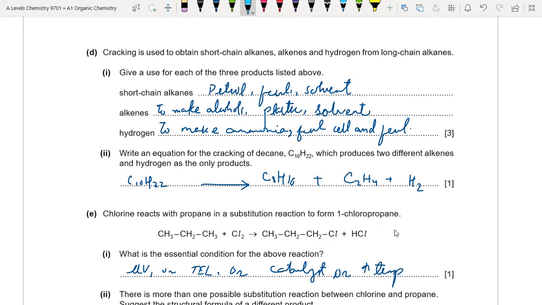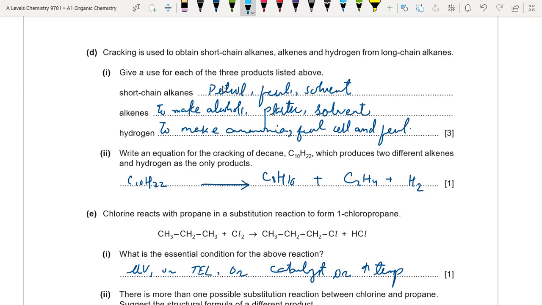Cracking is used to obtain short chain alkenes and hydrogen from long chain alkanes. Actually, details of all these things will be discussed in the next chapter, that is hydrocarbons. Our next series will be from this chapter, hydrocarbons.